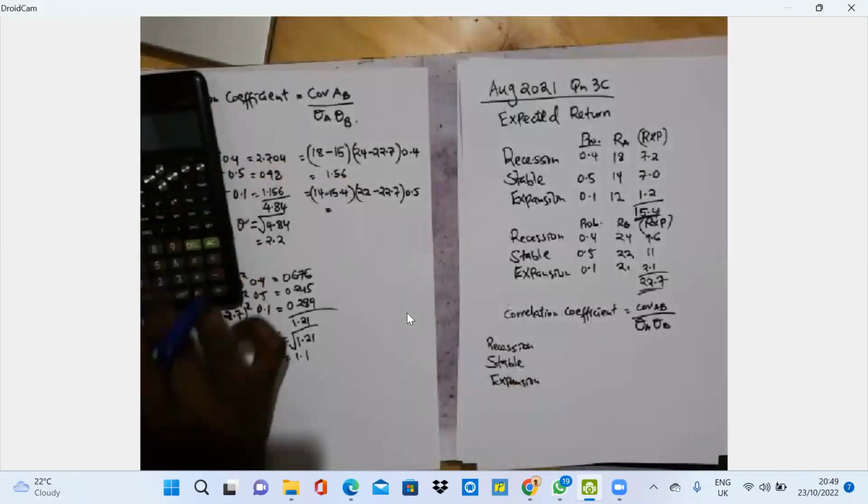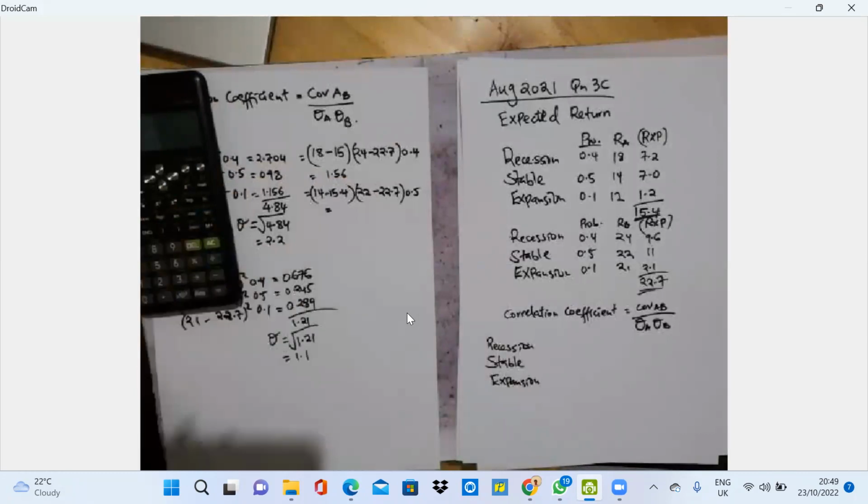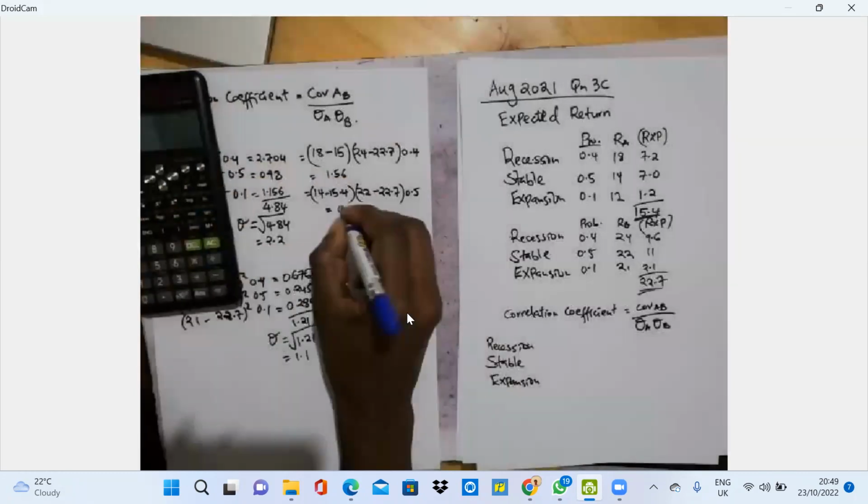14 minus 15.4 times 22 minus 22.7 times 0.5, that is 0.49.